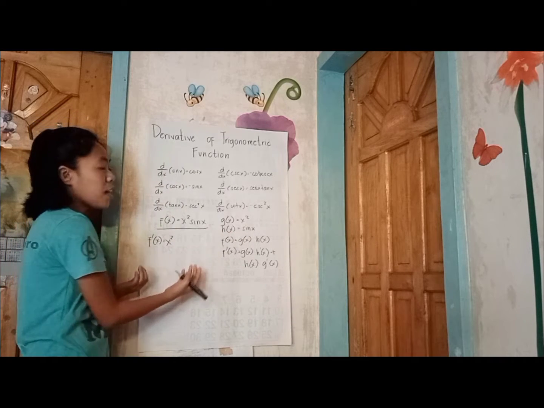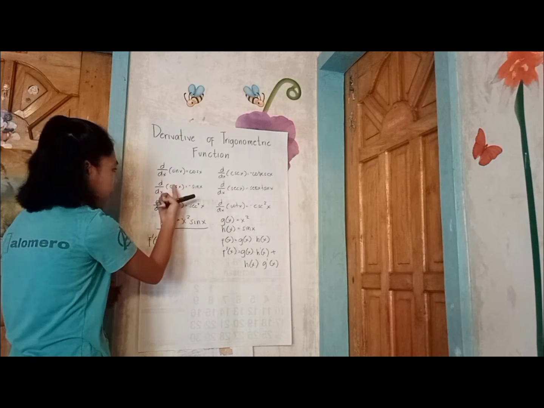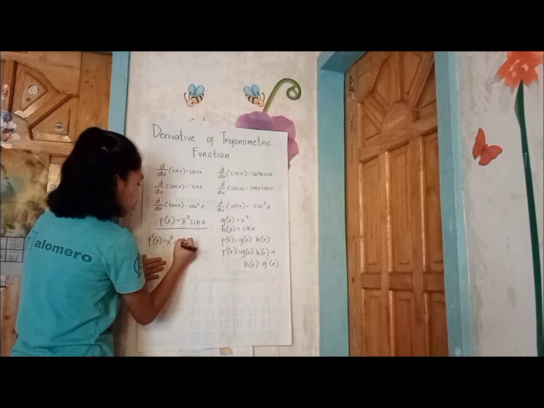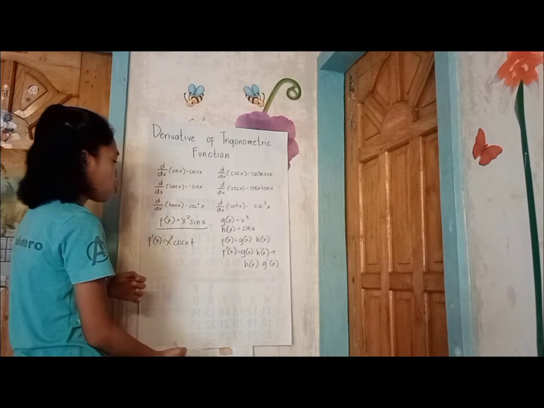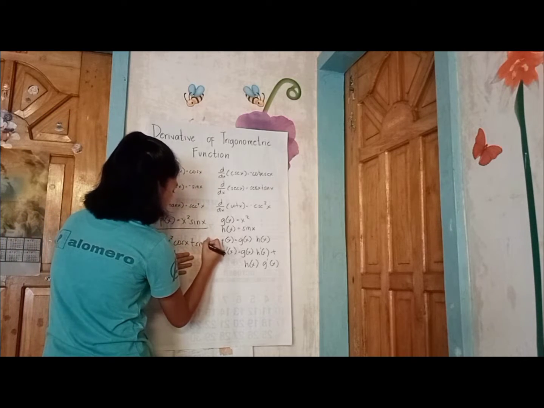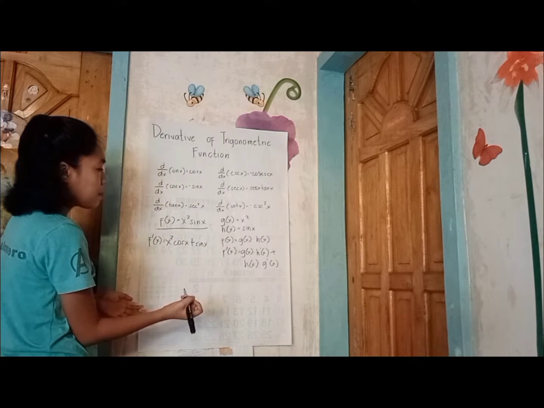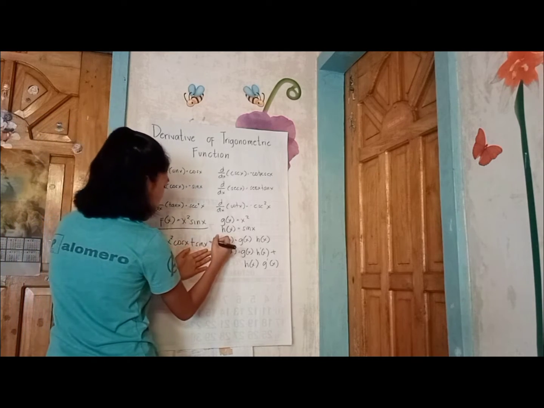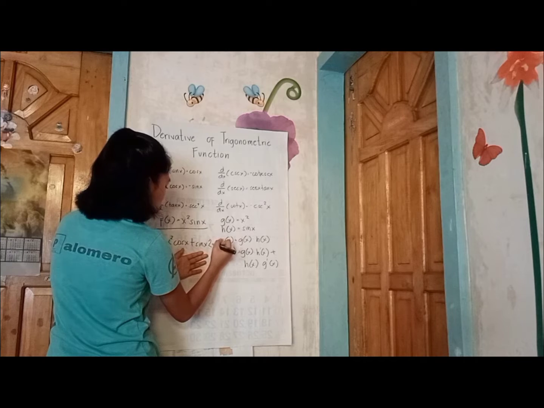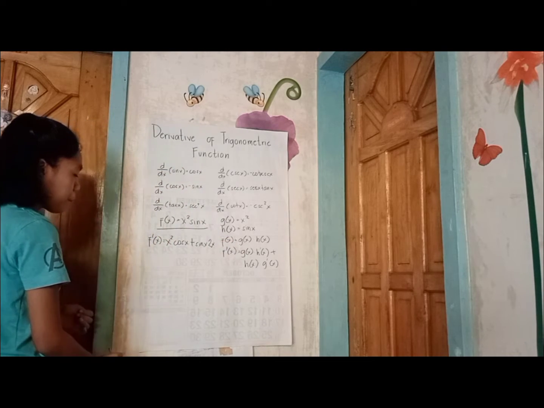So, as I have said earlier, the derivative of sin x is equal to cosine x, plus h of x, which is sine x, times the derivative g prime of x, the derivative of x squared, which will become 2x by the power rule.